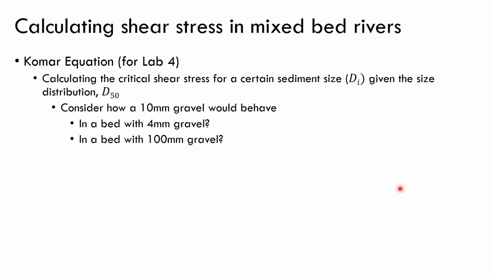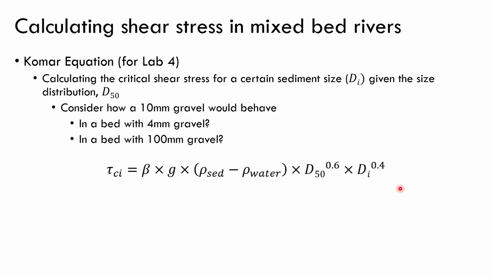One straightforward way we can think about this is with a slight modification to the critical shear stress equation that we talked about in Lecture 7. This one looks very similar. We start out with beta, the Shields coefficient or Shields parameter, gravity, the density of sediment, and the density of water again.